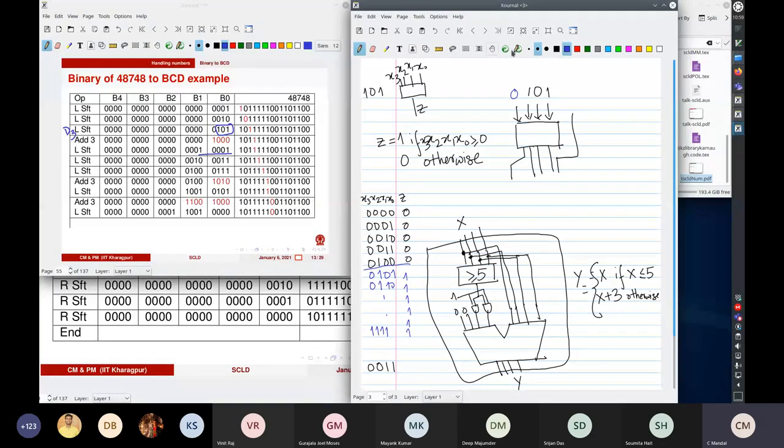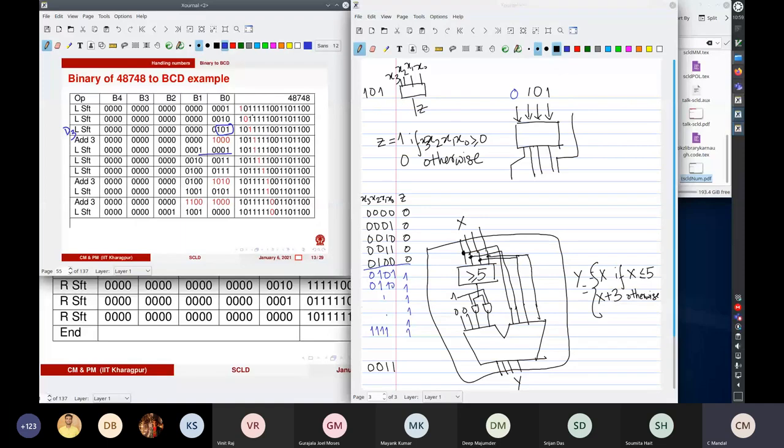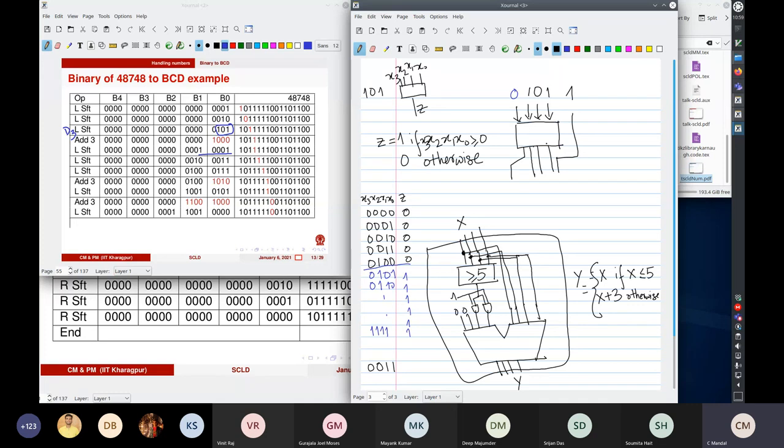This is 0, and this is the fourth bit, that is 1. So in fact over here, this is exactly what you will get.